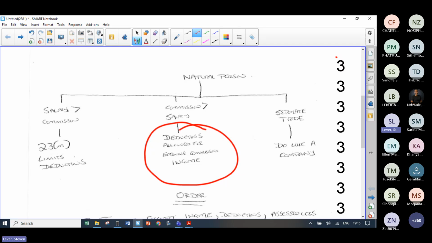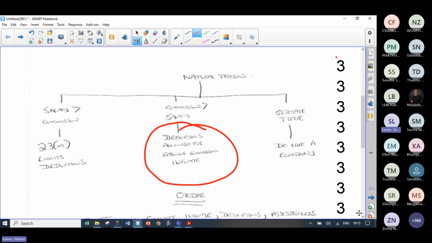And then guys, if you're carrying on a separate trade, you do a calculation like a company. It's a little bit like what we did with you on Thursday last week. There was a separate trade in there. He traded selling his own watches. So that you treated like a company. And when he was employed, Section 23M limited the deductions that you could claim. Okay? So last week's question, the one that Constance did with you, had a separate trade in it and it had a salary greater than commission in it.